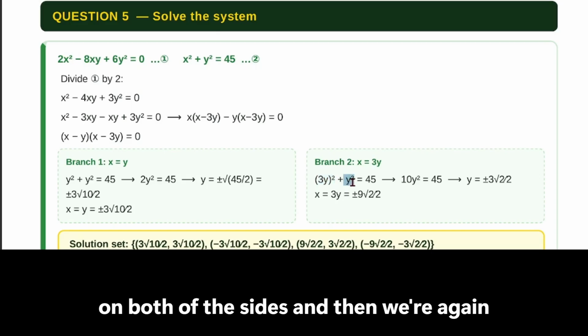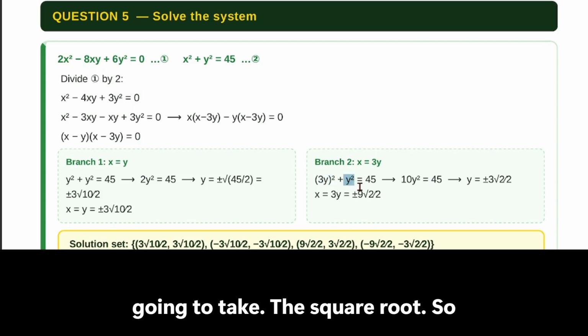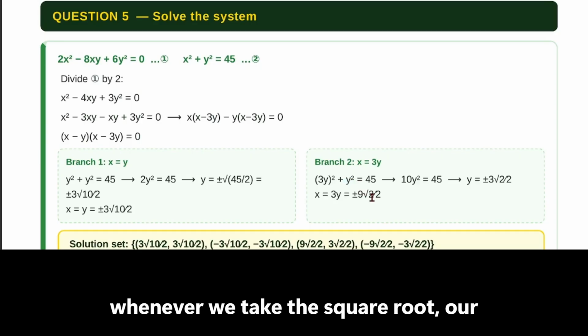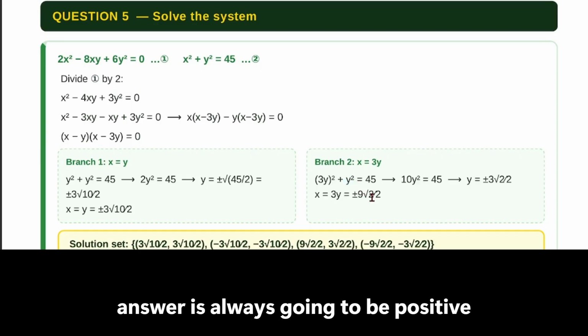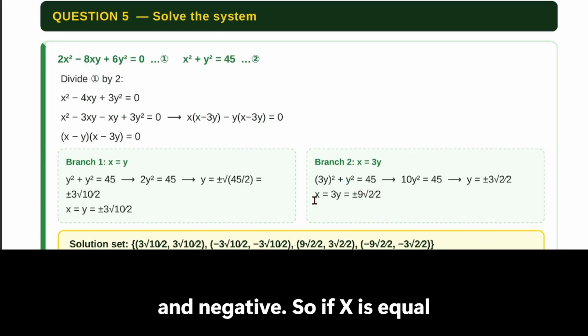We're going to be dividing 10 on both of the sides, and then we're again going to take the square root. Whenever we take the square root, our answer is always going to be positive and negative. So if x is equal to 3 times y, that means that our value will be plus minus 9 under root 2 divided by 2. So this is our answer.